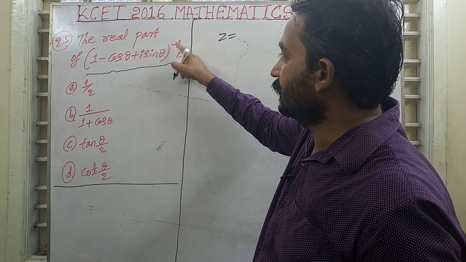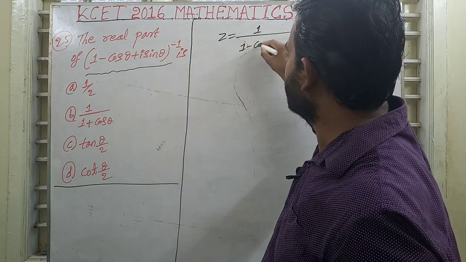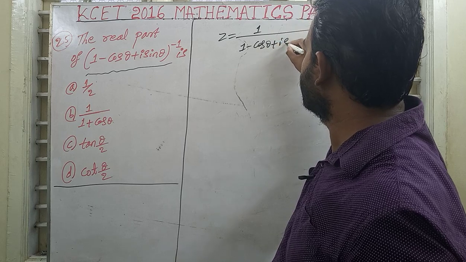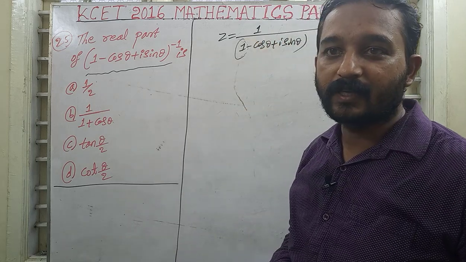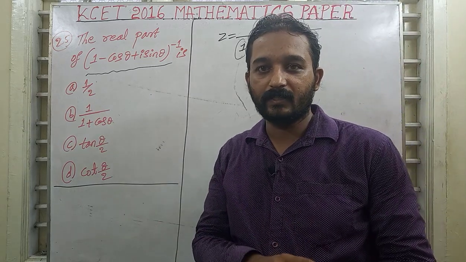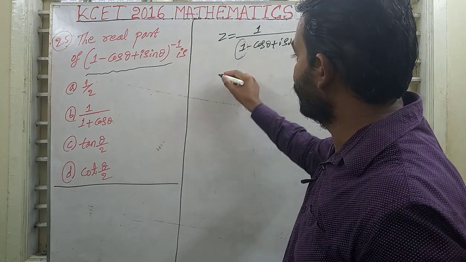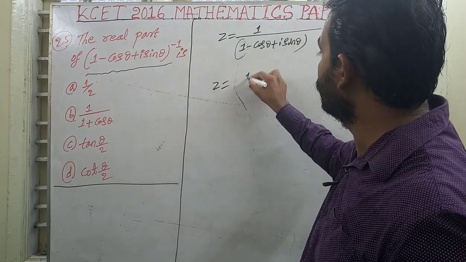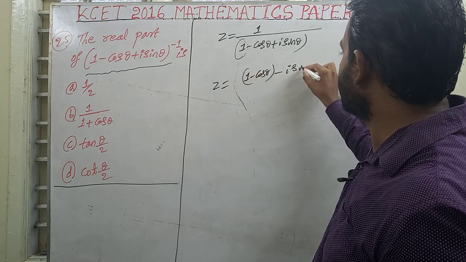Since the inverse is there, it can be written as 1 divided by 1 minus cos theta plus i sin theta. First we convert it into z is equal to x plus iy form, where x is the real part of this complex number. So rationalizing, we get z is equal to 1 minus cos theta minus i sin theta.